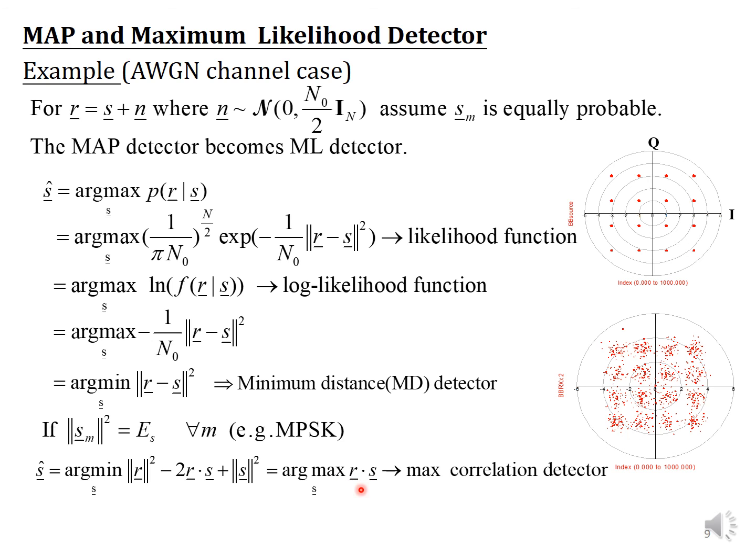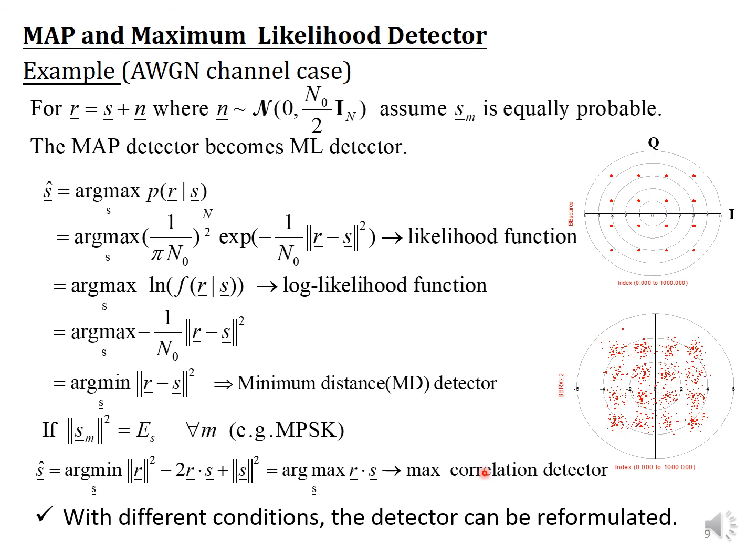So that becomes maximizing the inner product of the received vector and each source. So the detector becomes even simpler. This is called the maximum correlation detector. So with different conditions, the detector can be reformulated.